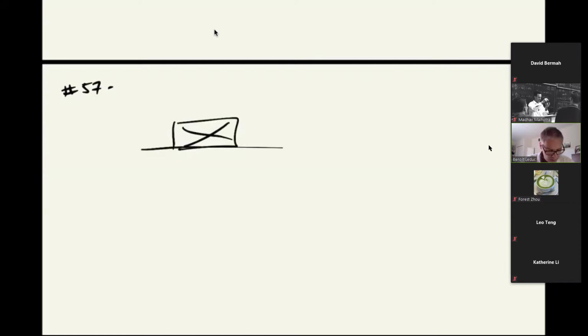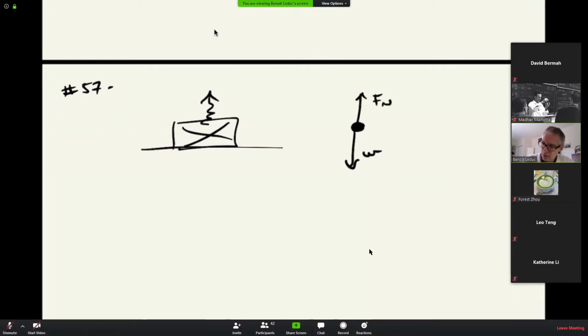It's probably on the ground, and there's a spring right here pushing it up. So if you do the FBD of the box, you've got the weight, you've got the normal force because it's in contact with the ground, and you've got the spring force, right?